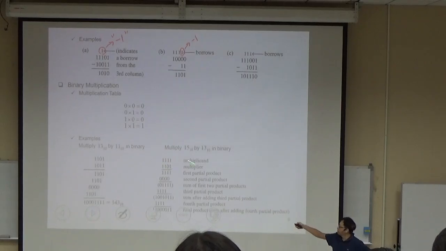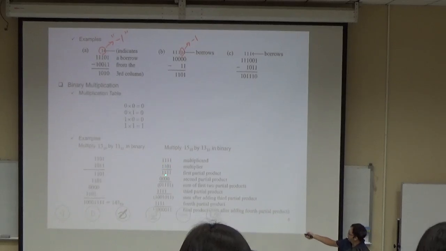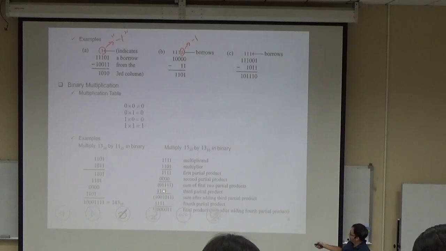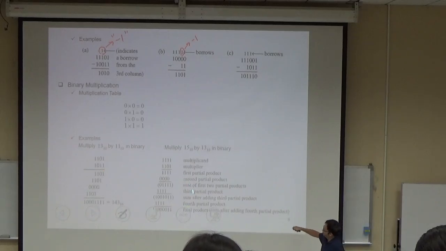Okay, we try to multiply two numbers, then we do it in a similar way. This is the reverse, 1 multiplied by 1, 1. Obtain this partial product for this digit. 0 multiplied by 1, 1 gets this partial result, and the third one multiplied by this one gets this result. So there are 4 digits, and there are 4 partial products. And then we try to add these together.